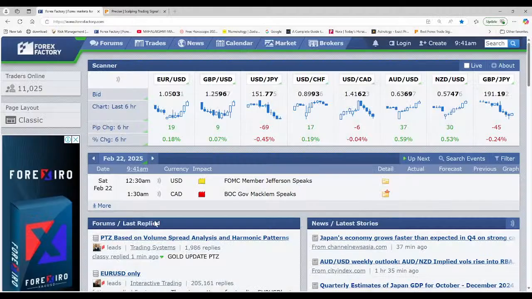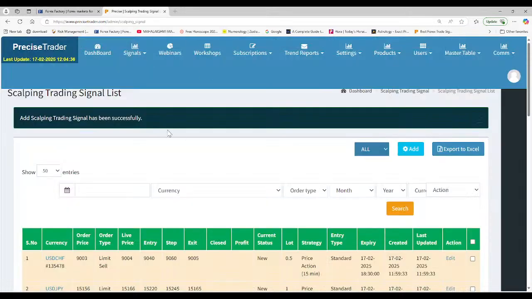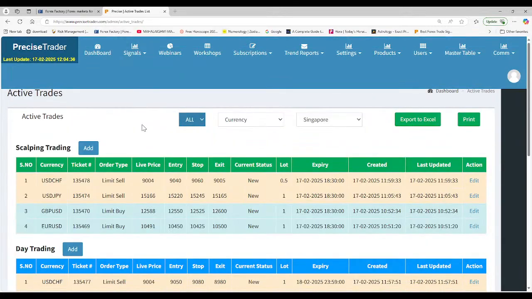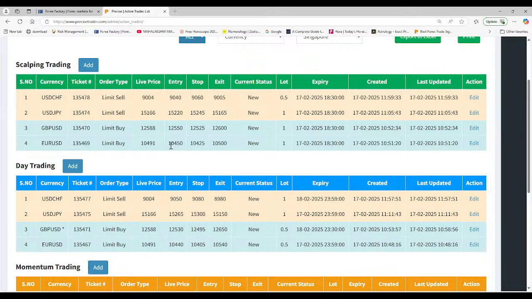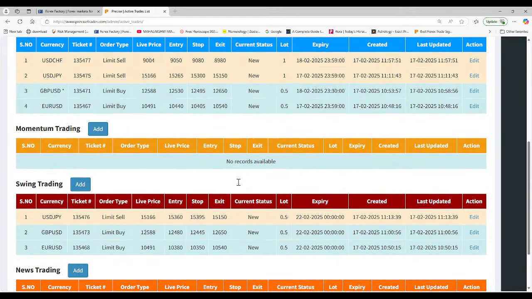So let's see the signals. Okay, we have given buying euro at 104.50, stop at 104.25 and take profit at 105, and 104.40, 104.05 and 105.40, and finally the swing trading is 103.80, 103.50, and trying to exit before 105.40.